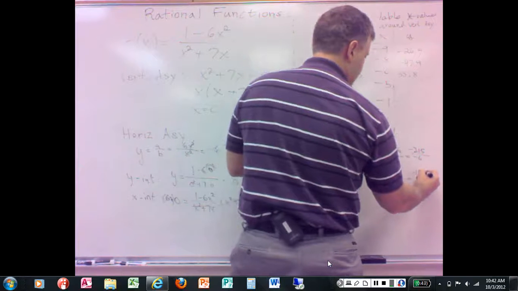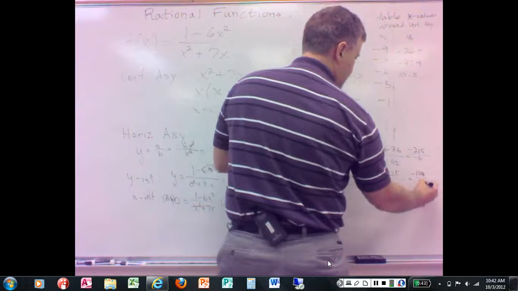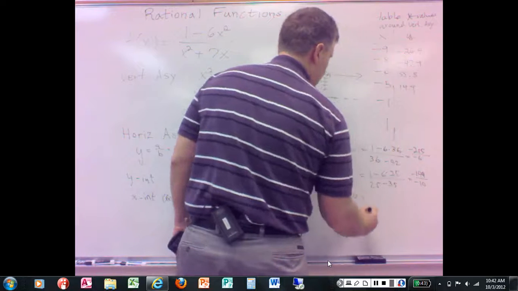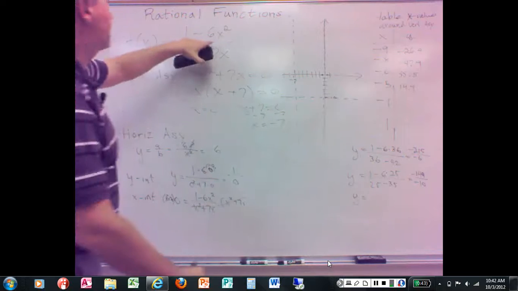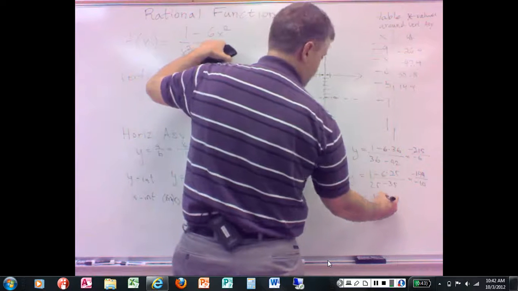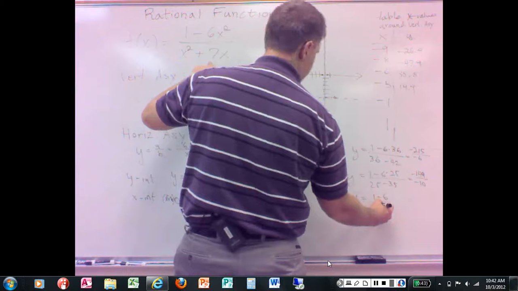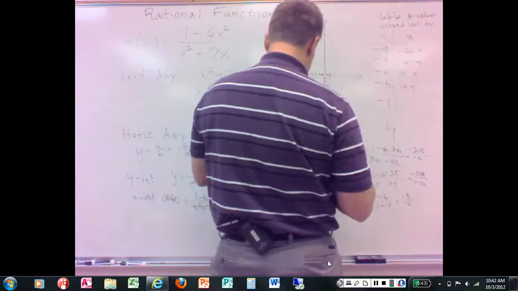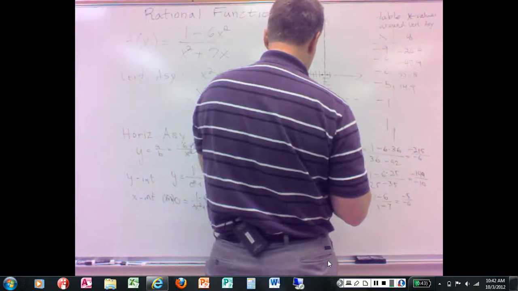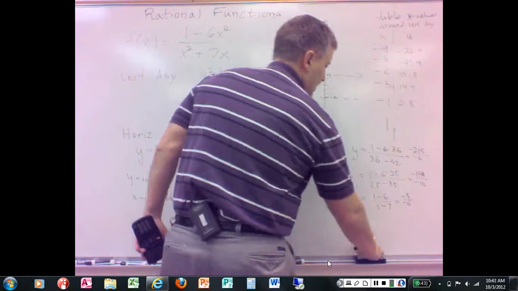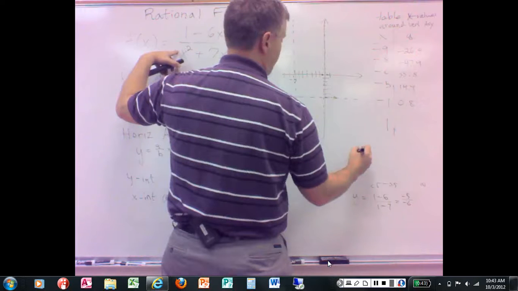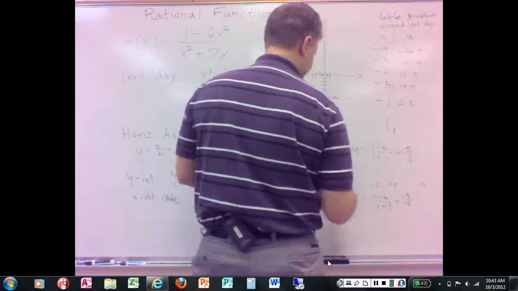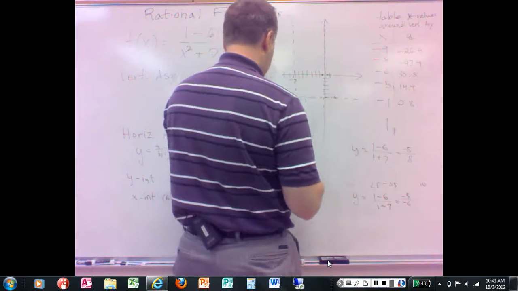Negative 149 divided by negative 10. Hey, that's positive 14.9. Two more. Plugging in negative 1, that'd be 1 minus 6 times 1, so 1 minus 6, negative 5 over negative 6, which is about 0.8. And last but not least, when x is 1, we'll have y equals 1 minus 6 divided by 1 plus 7. That's negative 5 over 8, which is negative 0.6.